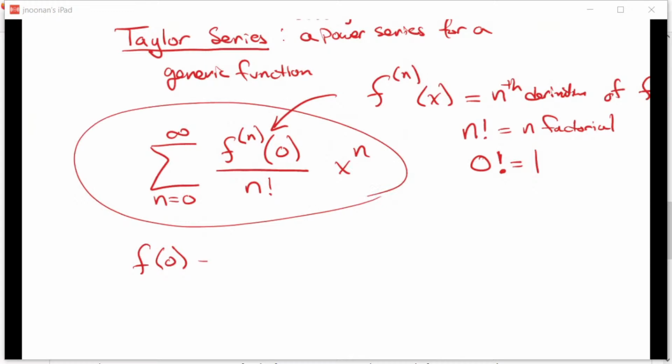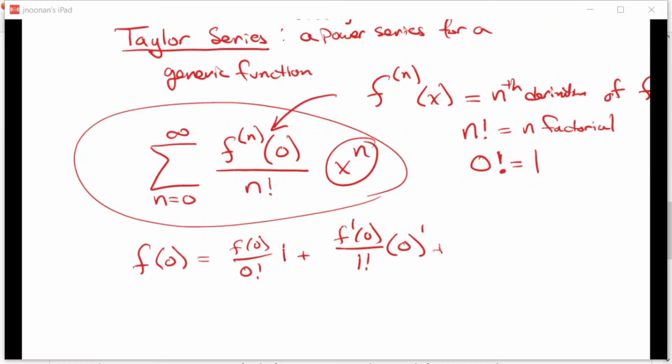That's going to be f of 0 over 0 factorial times 0 to the 0th. Well, x to the 0 is 1, so we're just going to put a 1 there. 0 to the 0 is not strictly 1, but we're going to put a 1 here, plus f prime of 0 over 1 factorial times 0 to the 1st, plus f double prime of 0 over 2 factorial times 0 squared, etc., etc.